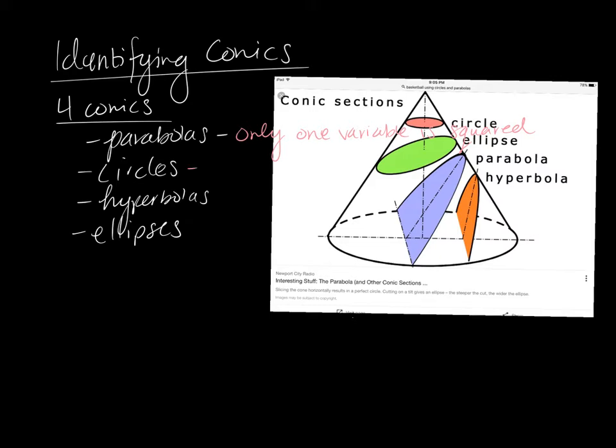Then we've got circles, which have 2 squared terms, or variables, but a constant of 1 in front of each. Then hyperbolas have 2 squared terms, is equal to 1, and has a minus sign.